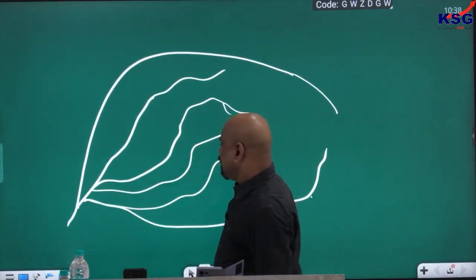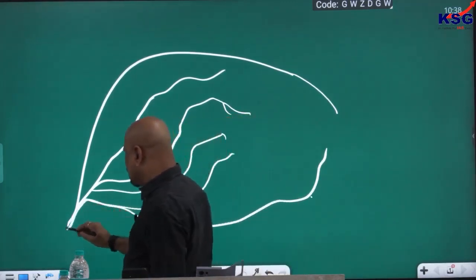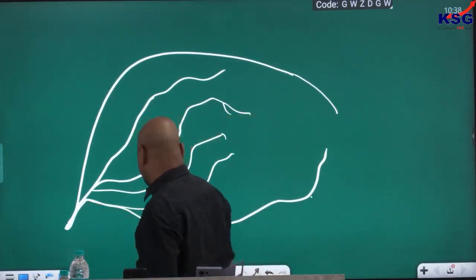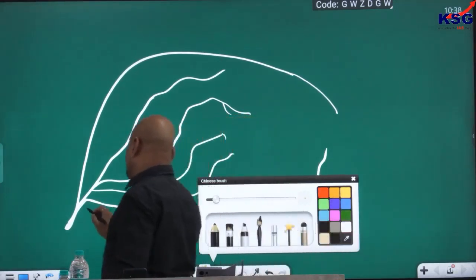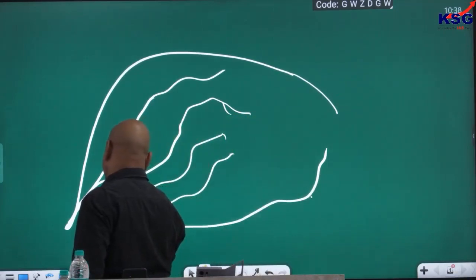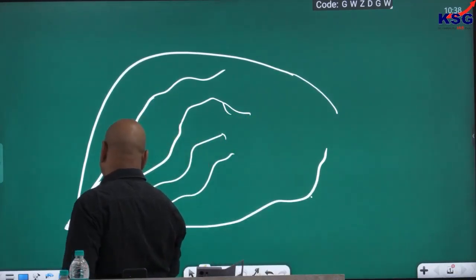This type we have already done. Here it is known as the Panjnad. This 5 river where it meets known as Panjnad.